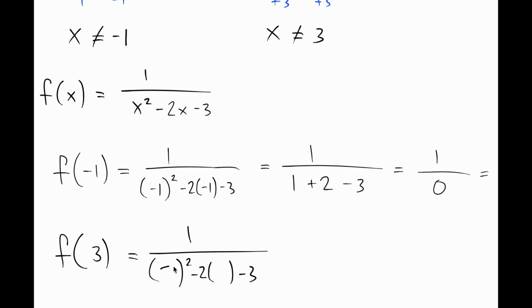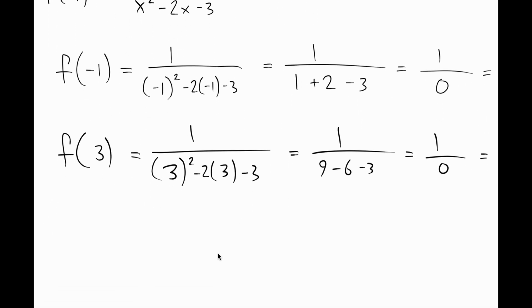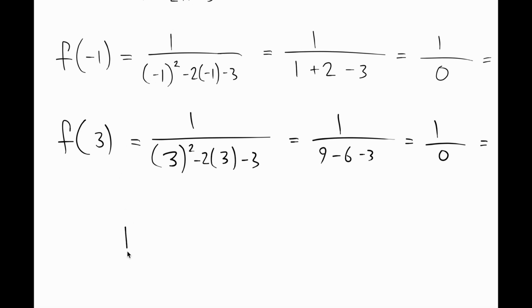If we plug in a 3 here, we get 1 over 9 minus 6 minus 3, which is 1 over 0, and that's undefined. So clearly, negative 1 and 3 are not part of the domain.